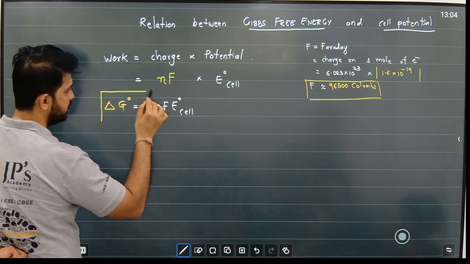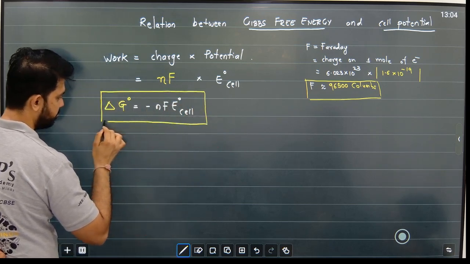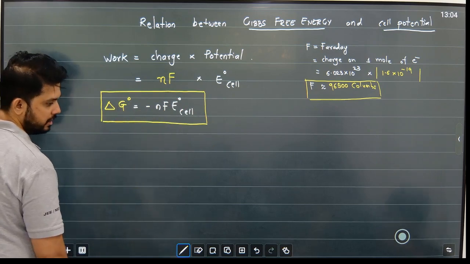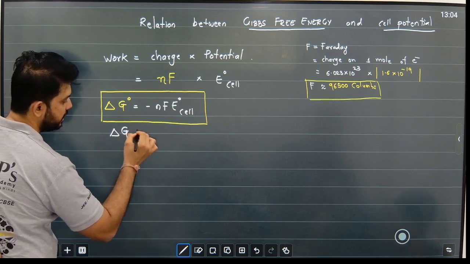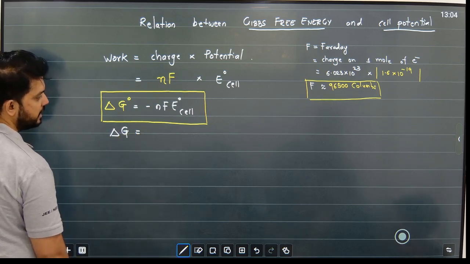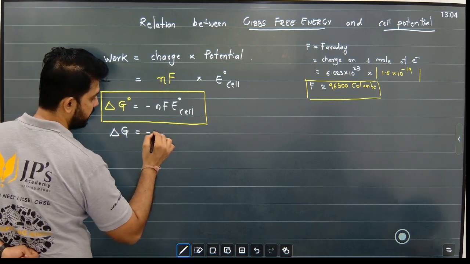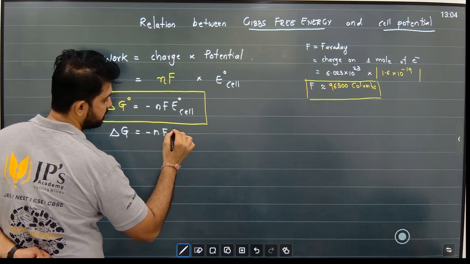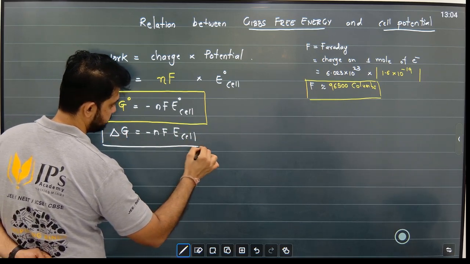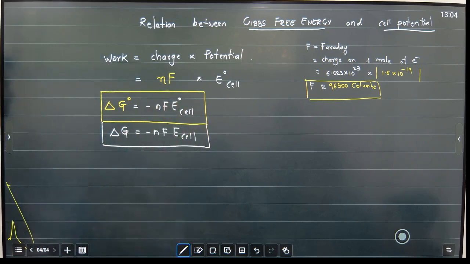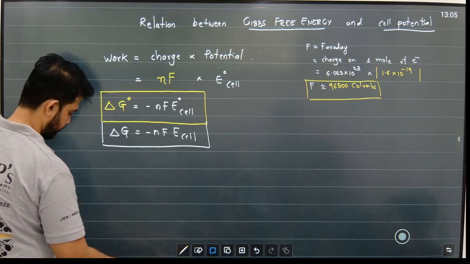This gives us the relation between delta G and E naught cell. This is standard condition. If it is non-standard condition, you can write the formula as delta G is equal to minus nF E cell. Any questions here? Chalo.